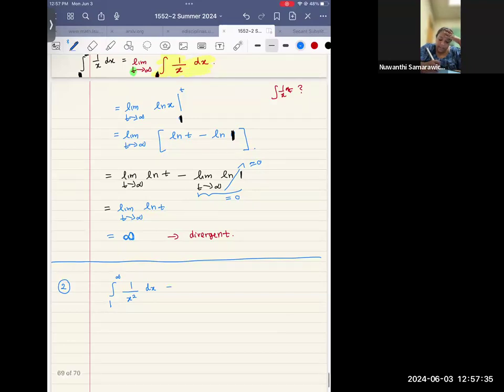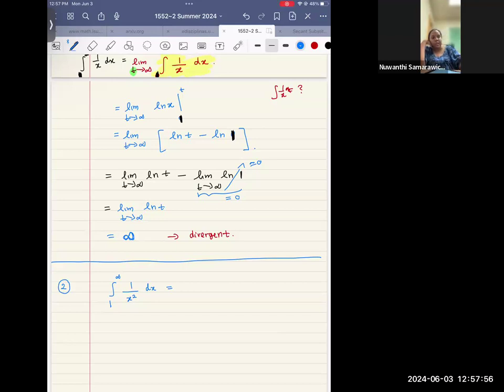Okay, so let's write this. So we have 1 to infinity. In this example a is just 1. It's not always 1, it just is here because it is 1 over x squared. In this example which I'm using, a is 1. It doesn't always have to be 1.